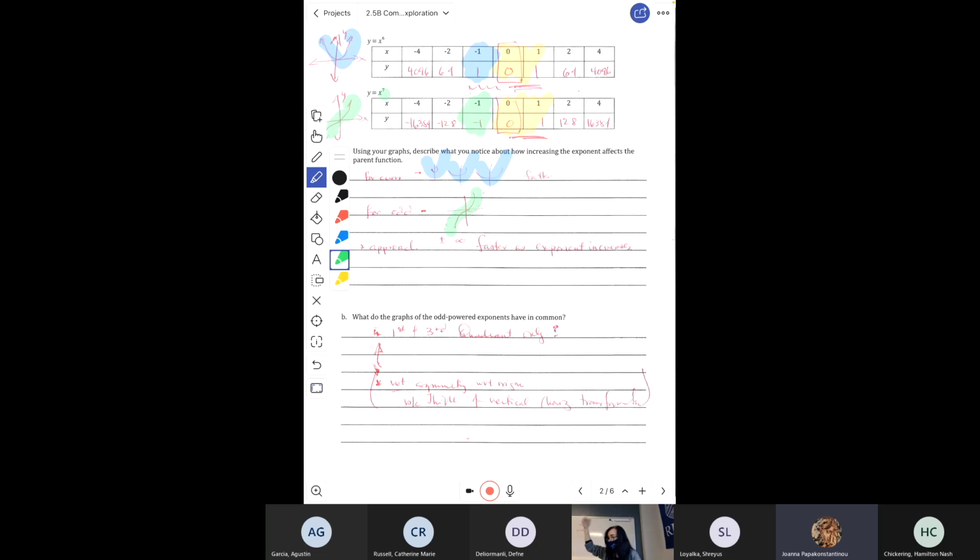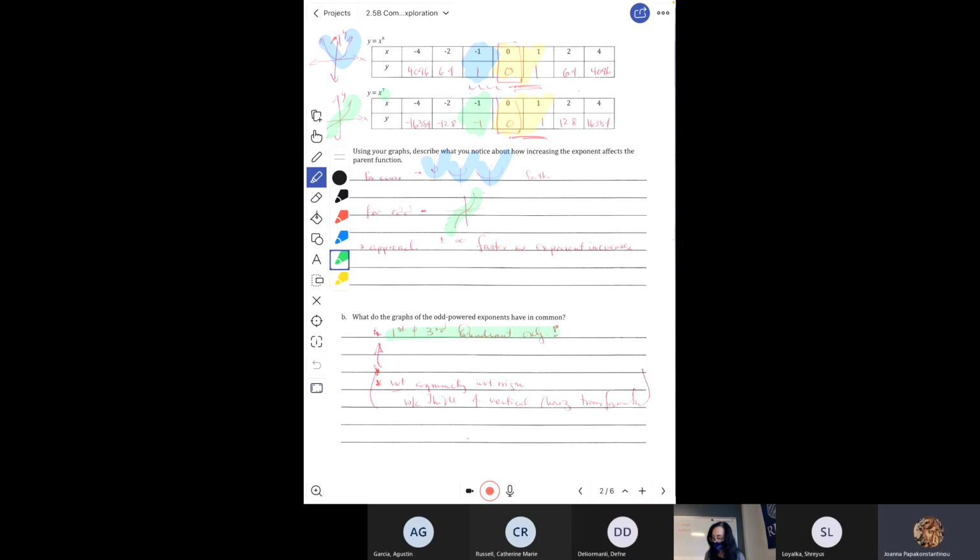Y goes to infinity faster and faster every time, whether it's positive infinity and negative infinity or positive and positive infinity. So that's what I was hoping you noticed there. What do the graphs of the odd-powered exponents have in common? Again, if they're odd, we notice that they pass through the first and third quadrant only in the origin, right?